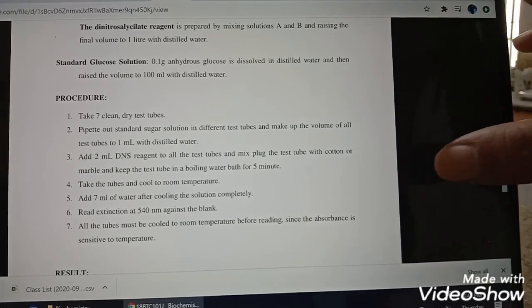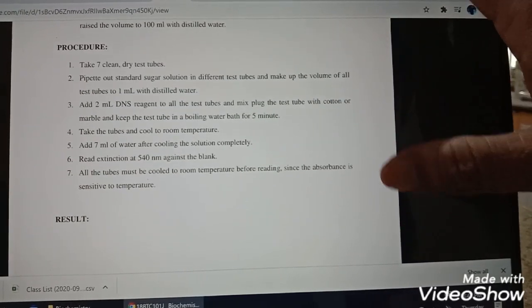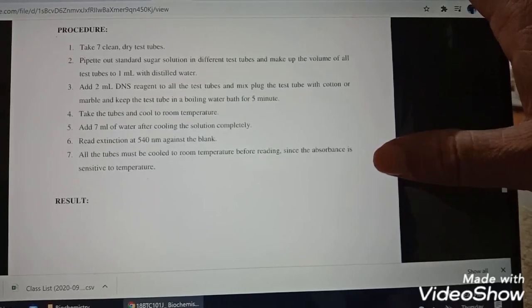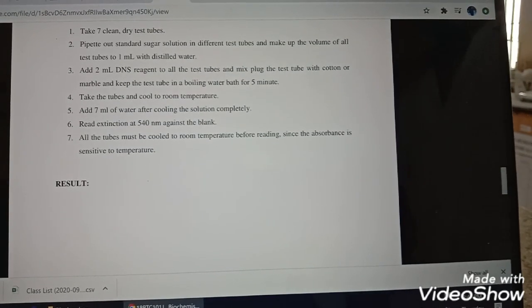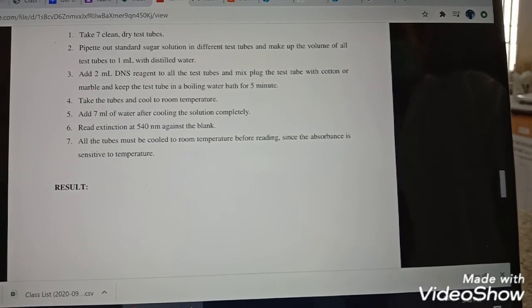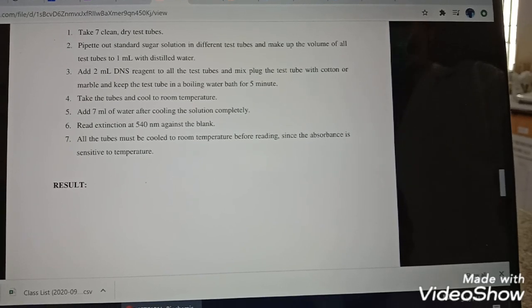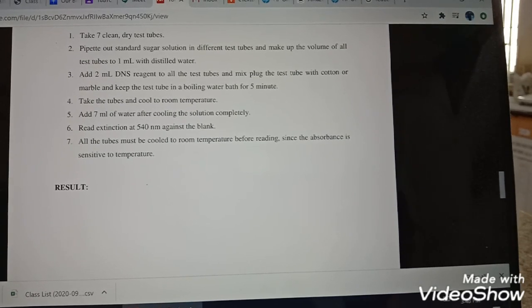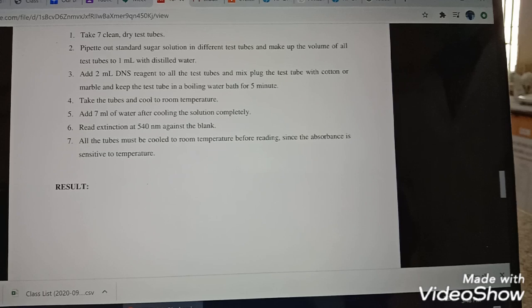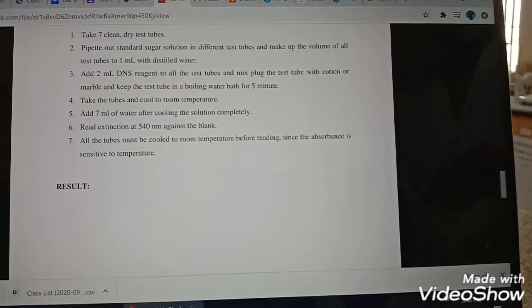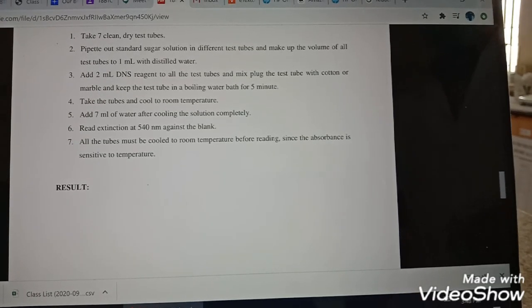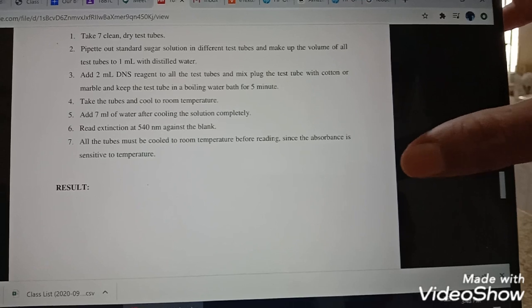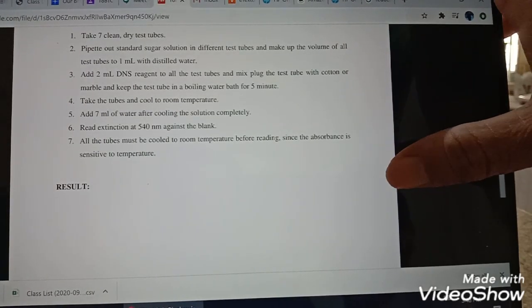Pipette out the sugar solution into different test tubes, make up the volume in all test tubes to 1 ml with distilled water, and add 2 ml of DNS reagent to all the test tubes. Then cover them with cotton, aluminum foil or a marble, put them into a water bath, and allow them to boil for 5 minutes.